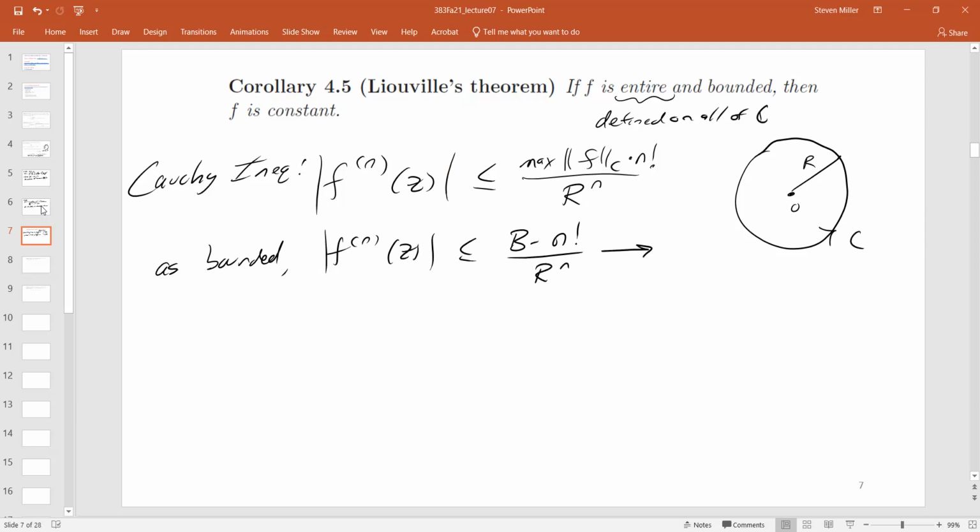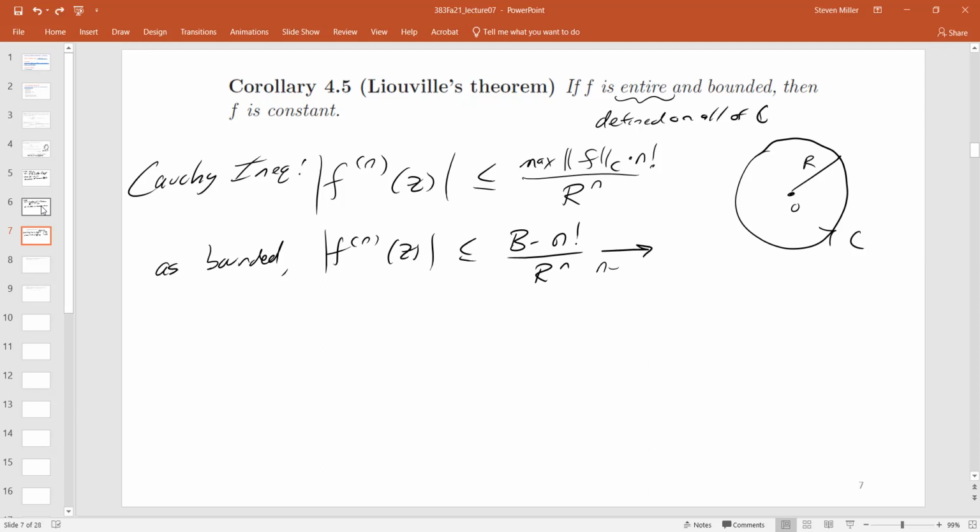And where does that go as n goes to infinity? If n gets very large, what does b times n factorial over r to the n go to? Oh, sorry.